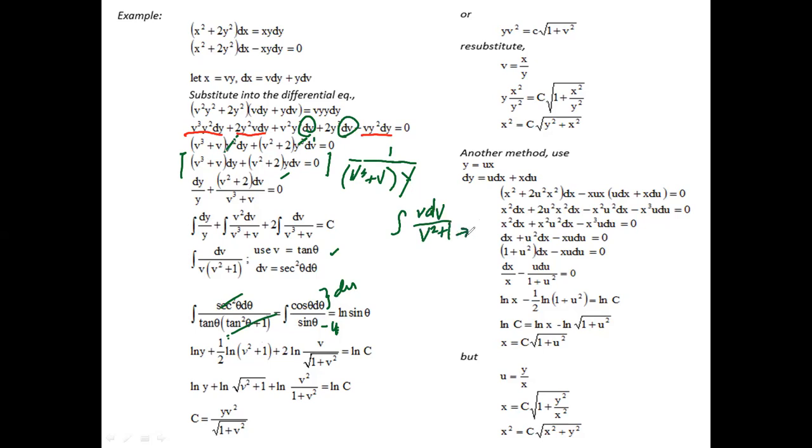If you set this as the u, the du will be here in the numerator. This is your du, provided that you place a 2 here and you place a 1/2. So that's the reason why you have a 1/2 ln of v squared plus 1. For this, your ln of y is for this. And this one is our answer for this integral. So 2 ln of v over the square root of 1 plus v squared.